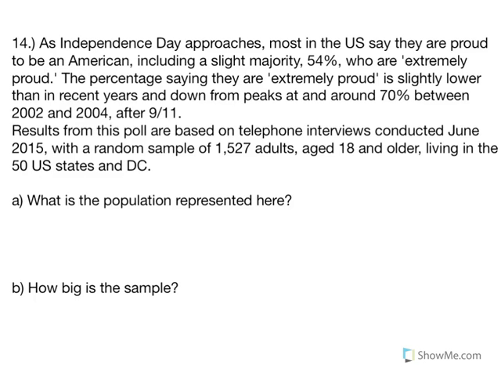So, all right, part A. What is the population? Well, you can see after you read all this, it says random sample of 1,527 adults age 18 and older living in the 50 U.S. states and D.C. So when we talk about the population, remember the population starts with all.